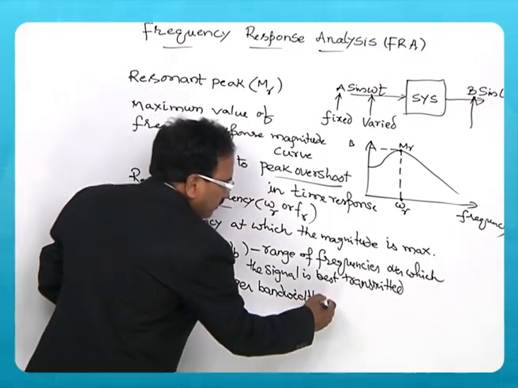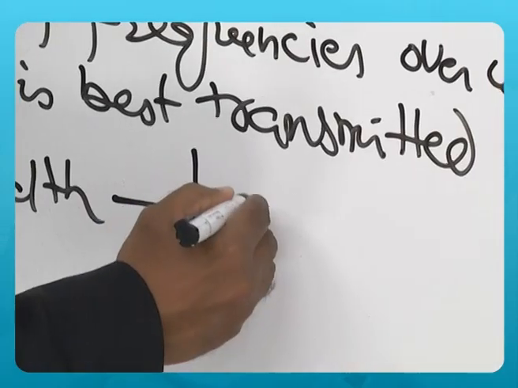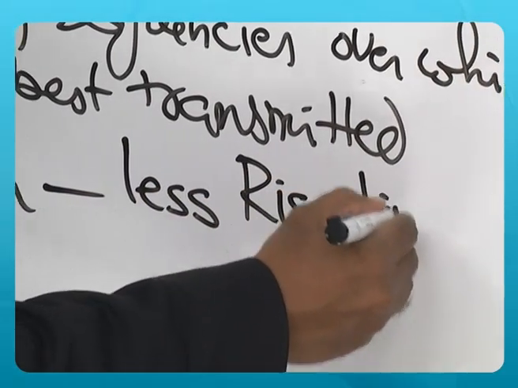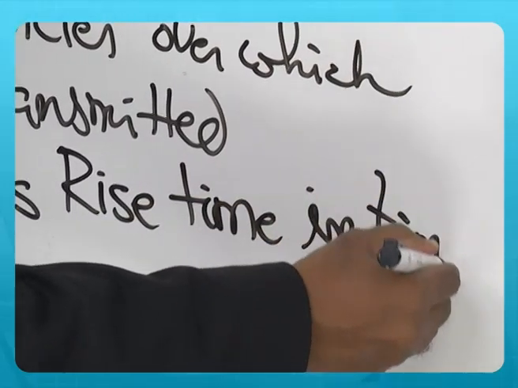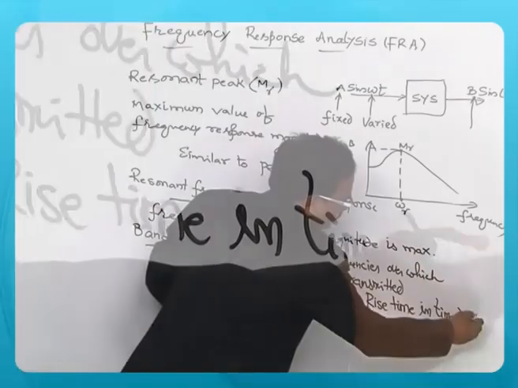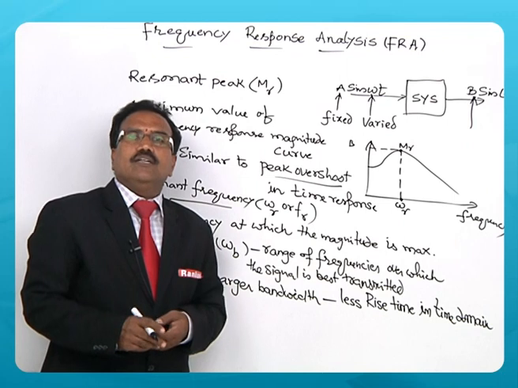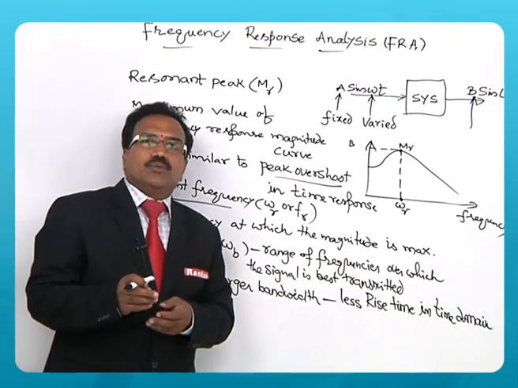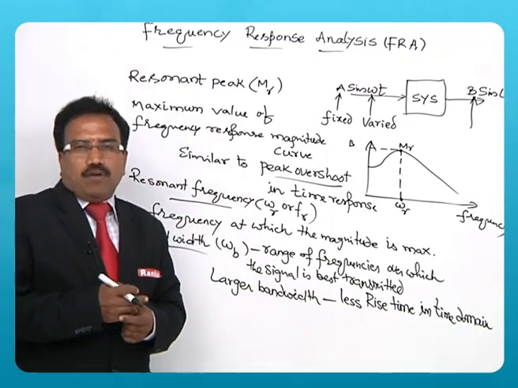So larger bandwidth in frequency domain corresponds to less rise time in time domain approach. The meaning of less rise time in time domain approach is how much time it takes to reach 100% of the steady state value.